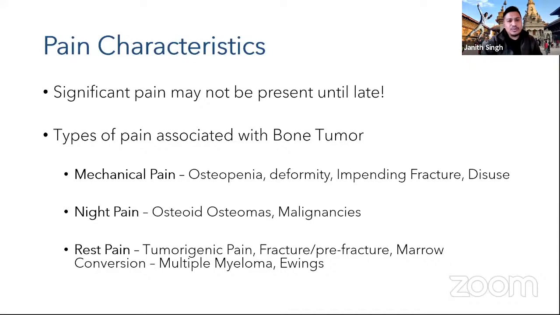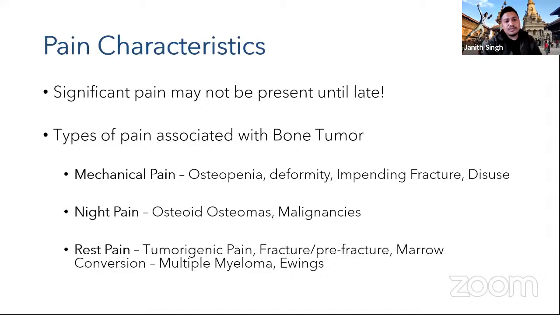So you have to know that patients with bone tumors can have mechanical pain due to osteopenia or deformity that leads to abnormal weight bearing, or if there is an impending fracture that can also cause some sort of mechanical pain. Night pain is classically seen in osteoid osteomas, but we know that a lot of malignancies can also cause night pain.